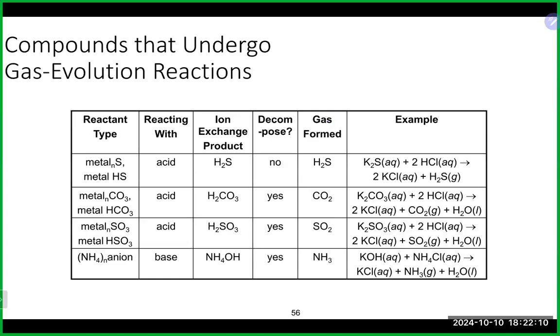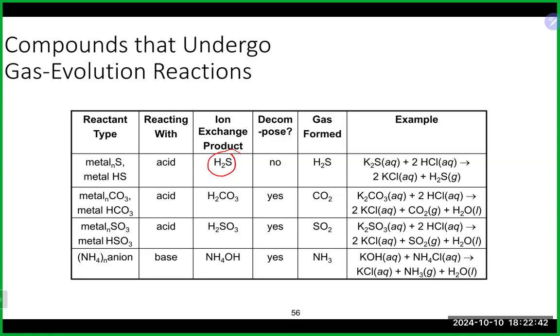If you have a metal with sulfide or a metal with HS minus and you react it with an acid, that's probably your route to directly make hydrogen sulfide gas. So anything with sulfide or HS minus, reacted with an acid, is the important part. You've got to react it with an acid. That's going to generate that gas directly.